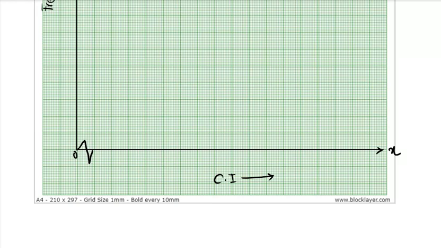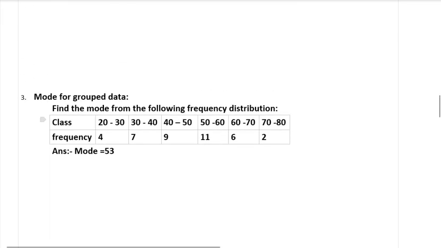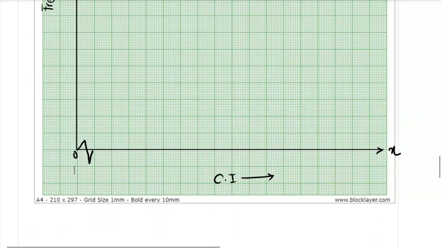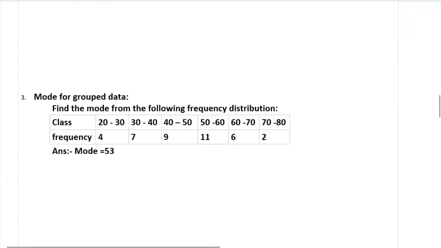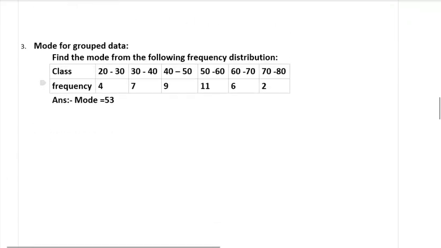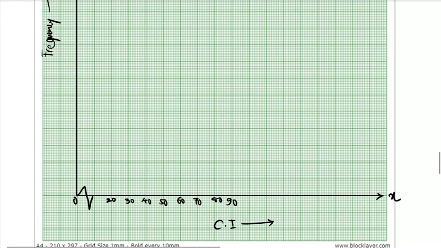Why? Because my class interval starts from 20 to 30. So I don't want to waste any space over here. Directly here, after leaving one box after kink, I'm going to write 20, then 30, then 40, then 50, 60, 70, 80, 90. What is the last class interval? 70 to 80. Great. Frequency on y-axis is going to be simple.